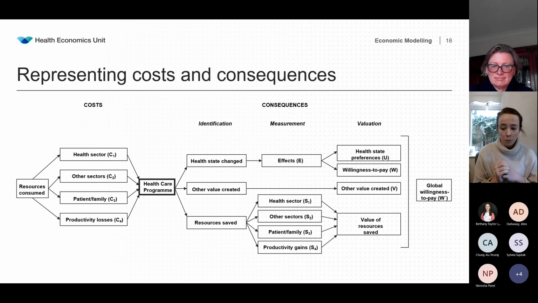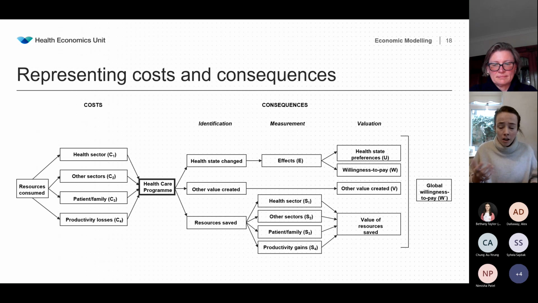So we've talked a little bit about the ways that you can represent values in previous sessions. This is just a quick reminder that these are some of the variables that you might be including. This isn't all-encompassing, but generally you're going to be looking at costs and consequences in an economic model.